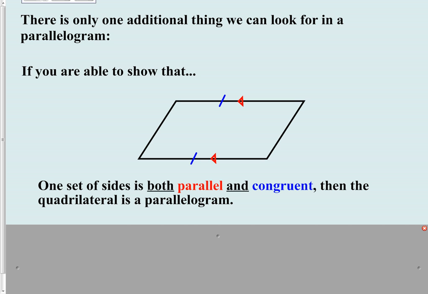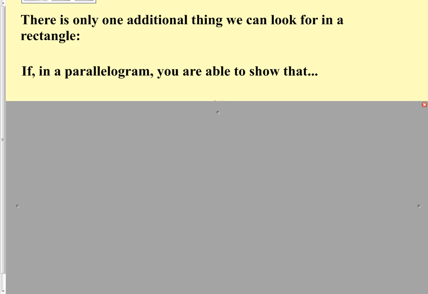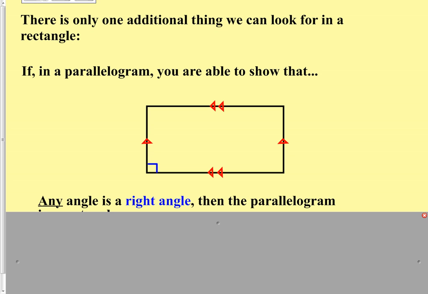There is another property that we can look for on rectangles as well. Okay, so one additional thing we can look for in a rectangle. And we're assuming that we have a parallelogram, but we said our parallelogram might still be a rectangle if we can find any of the properties of a rectangle. Well, here's another property.